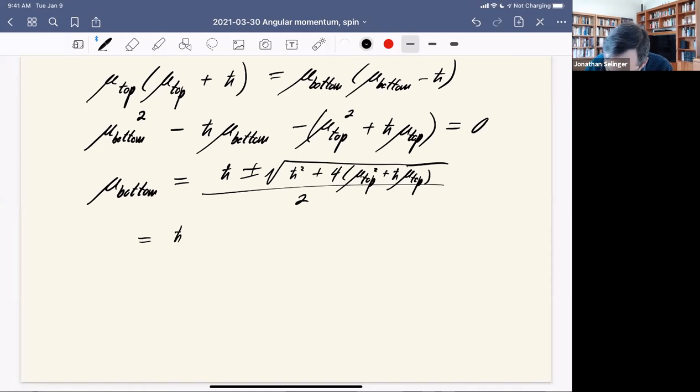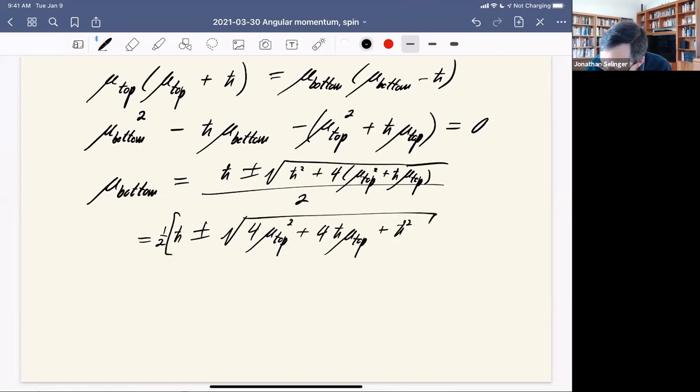This is 1/2 h bar plus or minus the square root of 4 mu top squared plus 4 h bar mu top plus h bar squared.